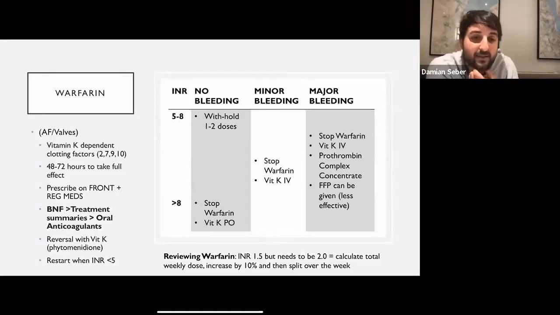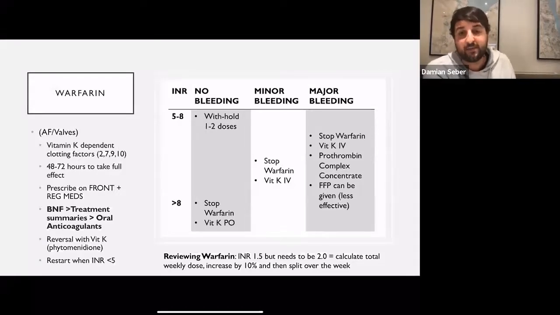Yeah, I can repeat it. So when you're reviewing warfarin, if the INR is too low, so it's 1.5, but it needs to be 2 or 2.5, you calculate their total weekly dose of warfarin. So if they have 3 milligrams on a Monday, 4 milligrams on Tuesday, 4 milligrams on Wednesday, 3 on Thursday, you just add it all up and increase it by 10%.